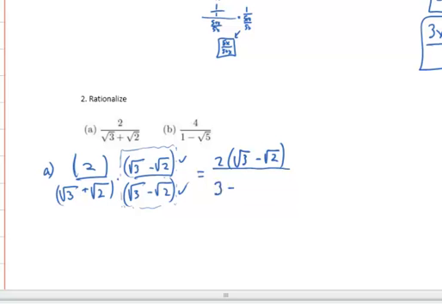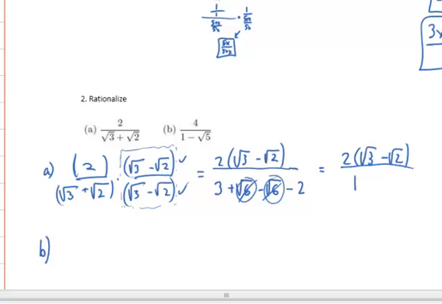The inner and the outer, well, the inner will make positive root 6, the outer will make negative root 6, and the last times the last will be negative 2. So the final answer for this is going to be 2 times root 3 minus root 2 all over 1, because these two terms cancel. So that would be your final answer for part A.